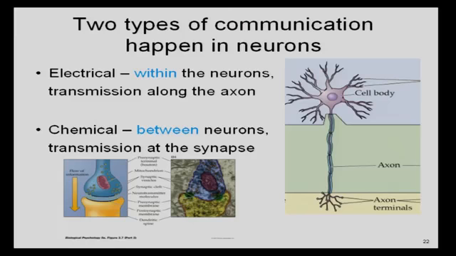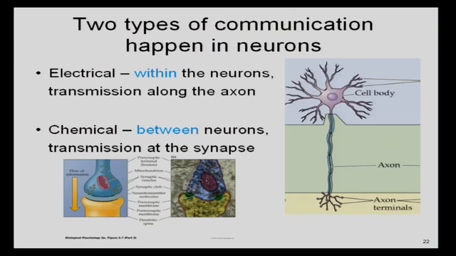Okay, so now we have finished the entire body of work of understanding electrical communication within the neurons. We have EPSPs, IPSPs summating in the cell bodies and the dendrites that are being integrated at the axon hillock to decide, am I going to fire an action potential or am I not going to fire an action potential?